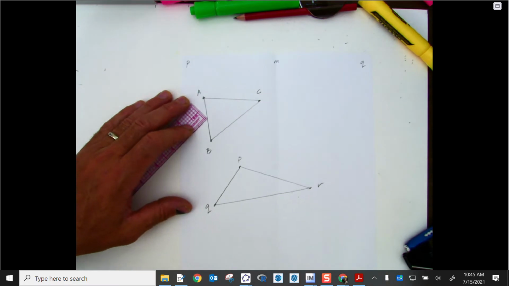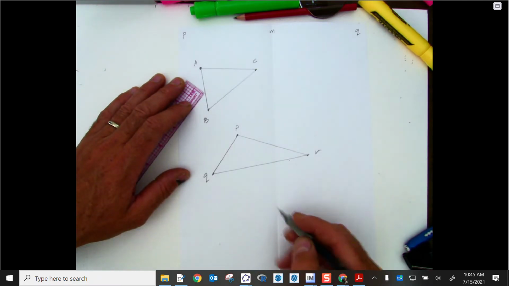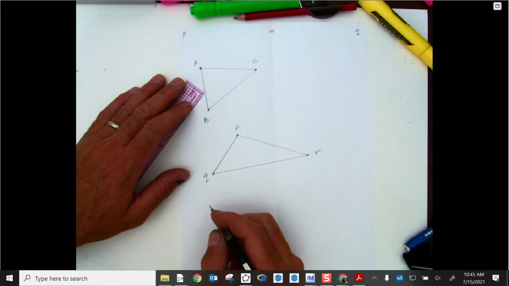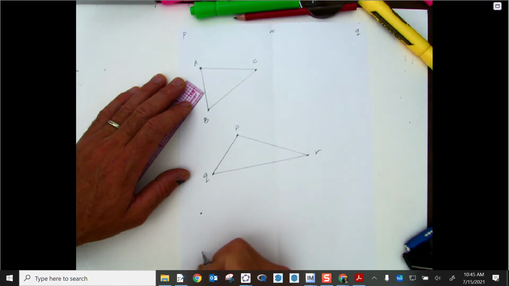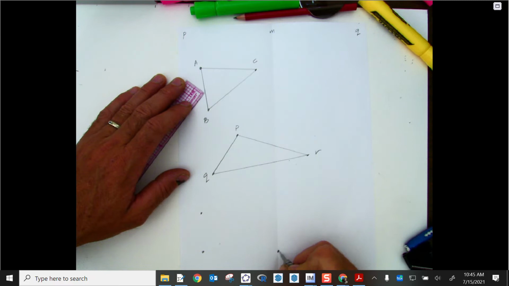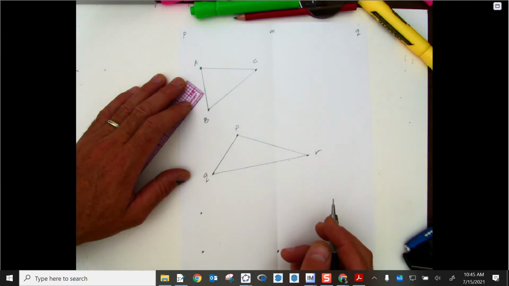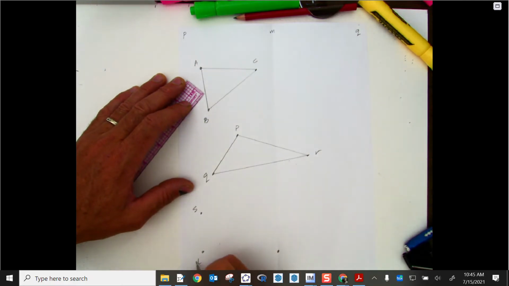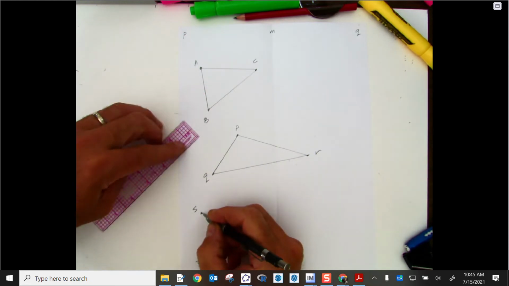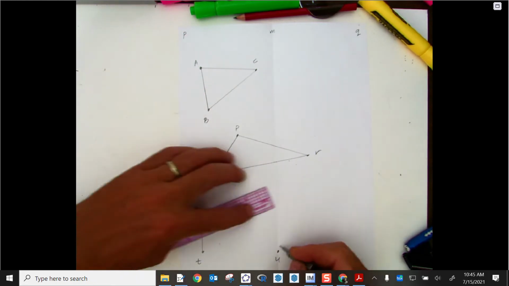And then the last one, we're supposed to have two points in P and one point on M. Since I haven't done acute and obtuse, I'll do something that looks a little bit like a right triangle, S, T, and U. I'll go ahead and draw those in.